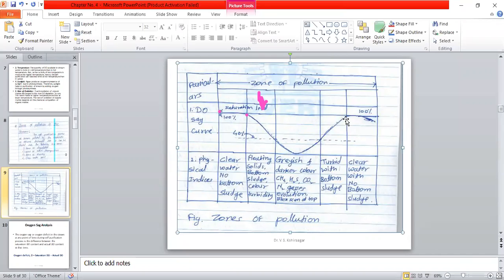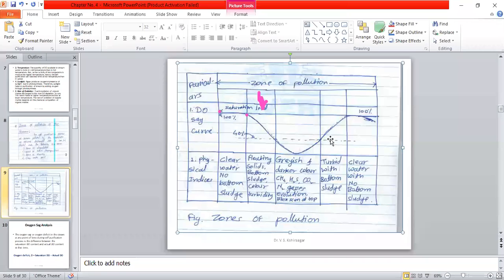From that point another zone starts, known as the zone of recovery. It will be exactly a replica of the zone of degradation.